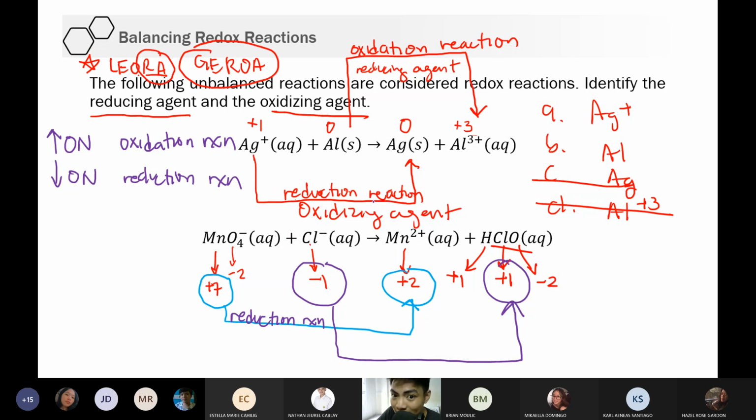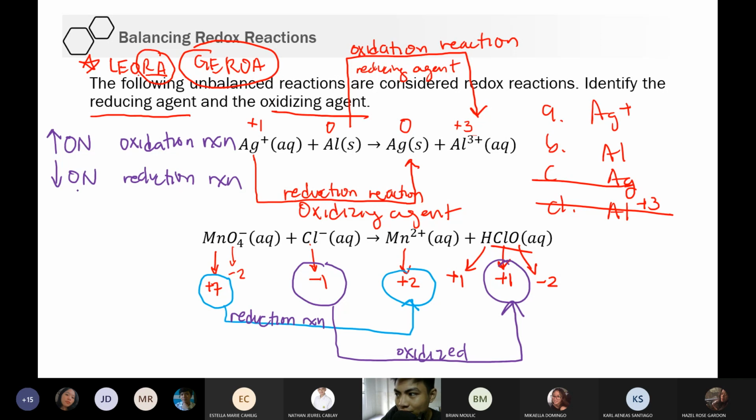Sino naman yung oxidizing? Sino yung nag-undergo ng oxidation reaction? So si Mn na reduce siya, sino yung na-oxidize? Di yung Cl. Okay? Okay, ganito isipin nyo. From big number to small number, reduction yan.